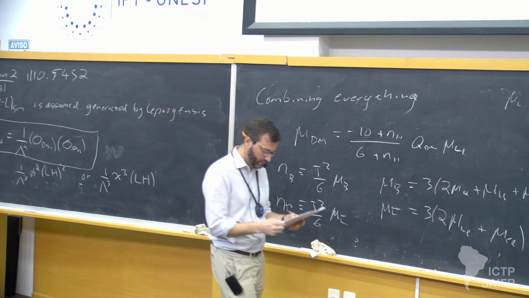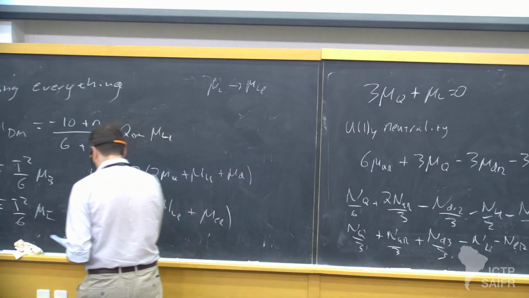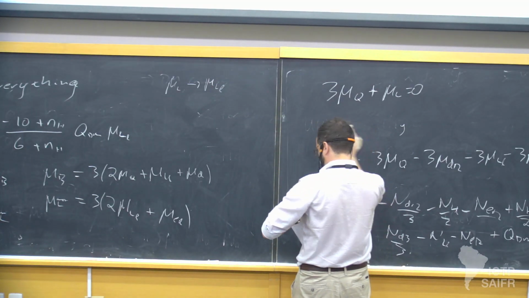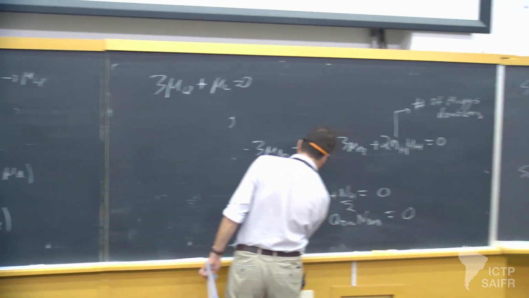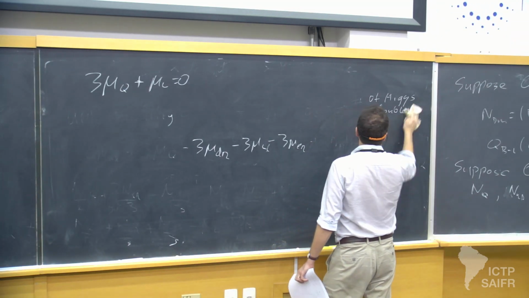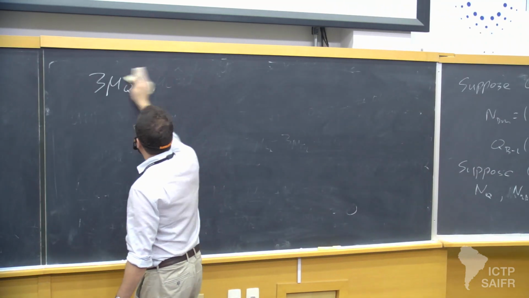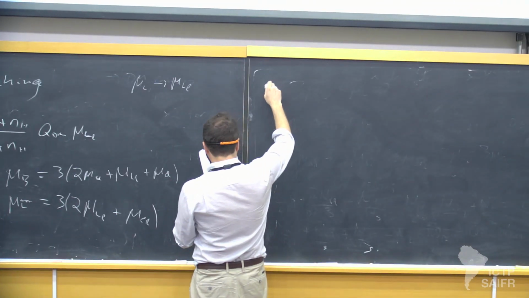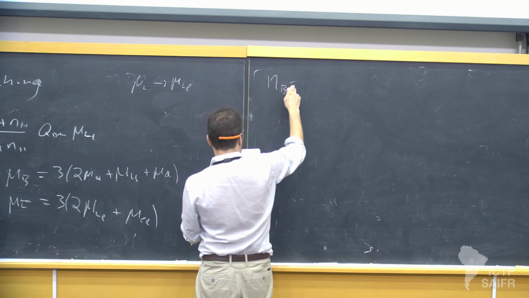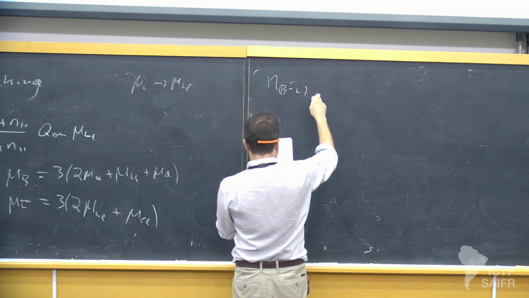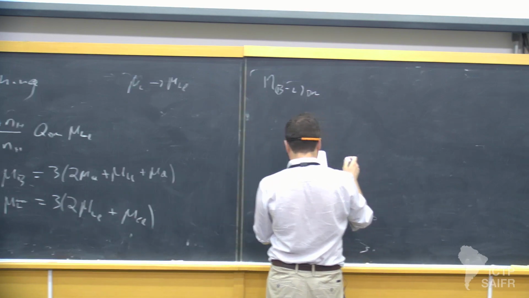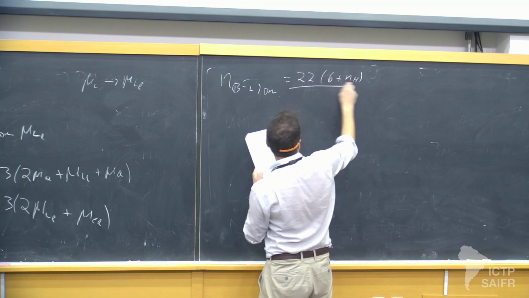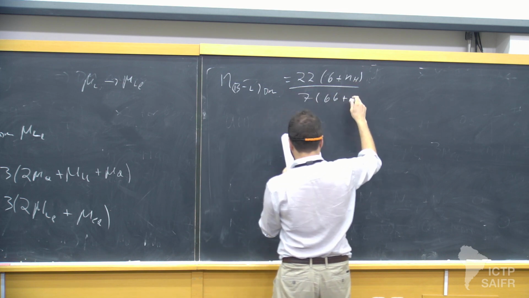You just take into account the sphalerons, so putting everything together, then the N B minus L of the dark matter, when you put everything together, it's equal to 22 over 6 plus N_H over 7 on 66 plus 13 N_H.